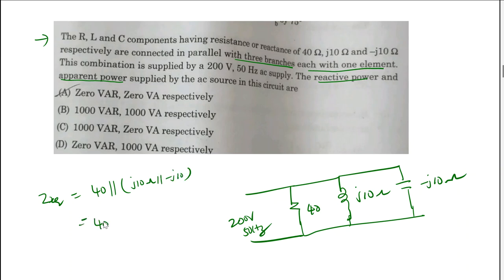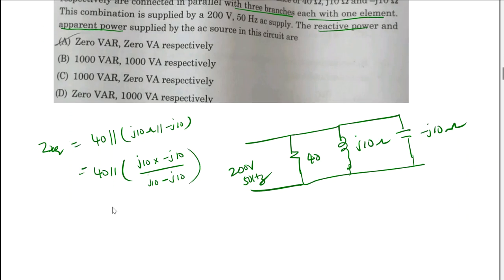So 40 is in parallel with this equivalent value, what will it be here? j10 into minus j10 divided by j10 minus j10 here. So simply this equation is going to be 40 into 0 divided by 40 plus 0. So Z equivalent value is 0 here. When the Z value is 0, what about the power factor?